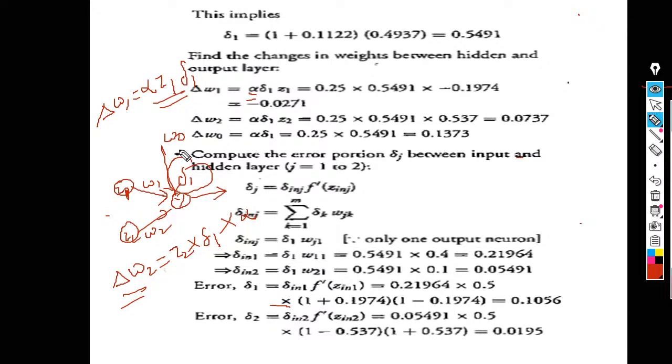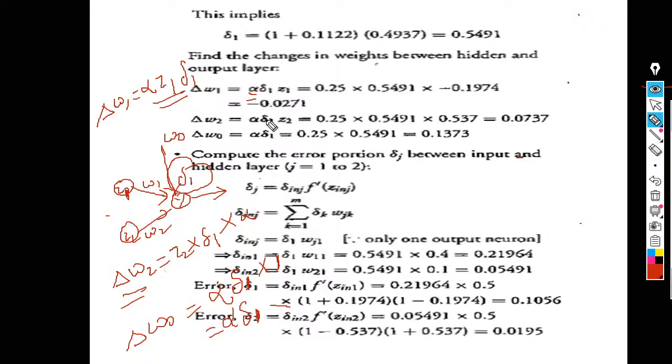Similarly for wo: alpha, and then delta 1, and because the input is 1 only, the final formula will be alpha into delta 1. By just looking at the diagram you can simply calculate the change in weights w1, w2, and wo.